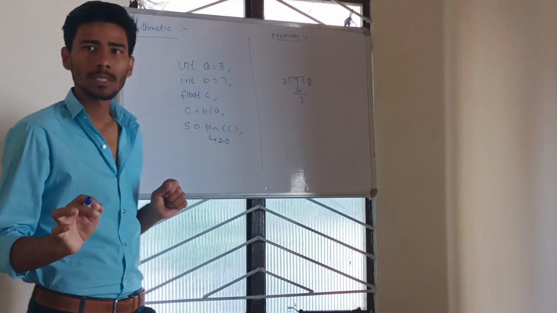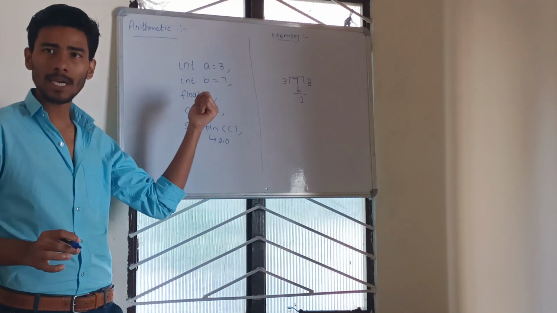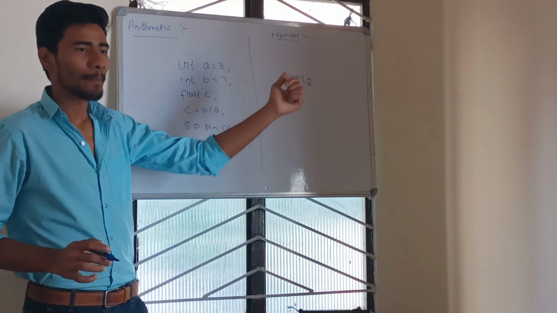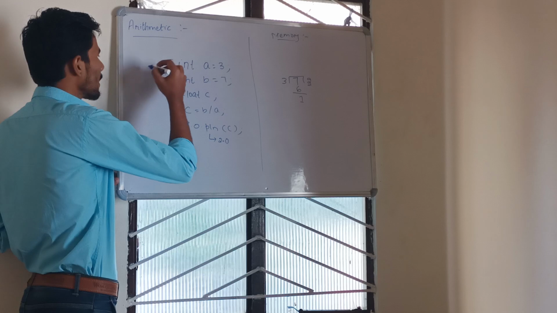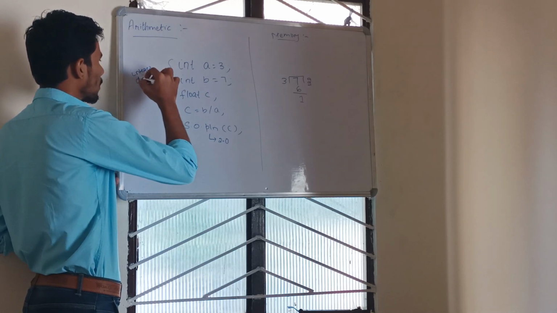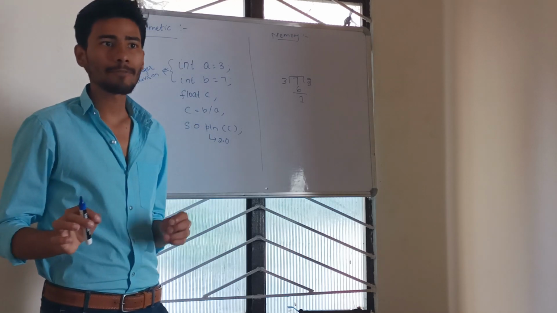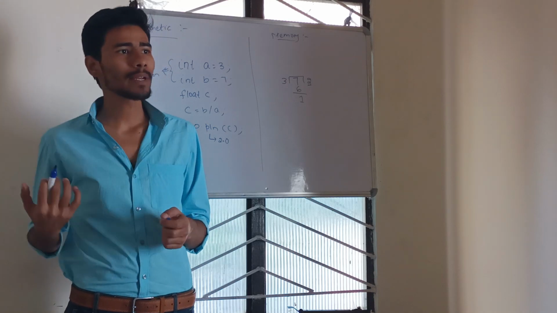Why? Because the division was the same, because these two are integers, so my integer division will only be done. It will not be float division, it will be integer division.